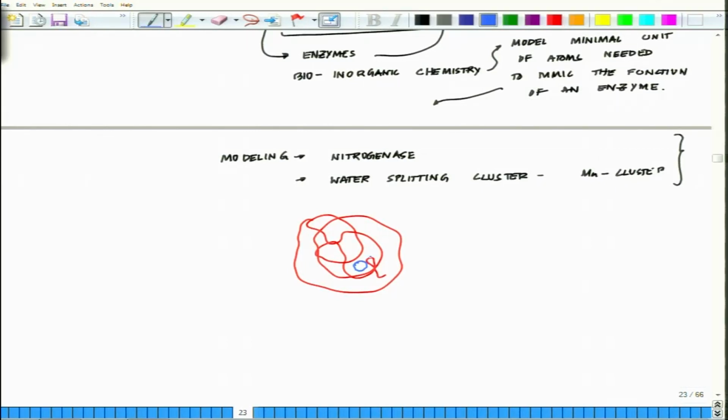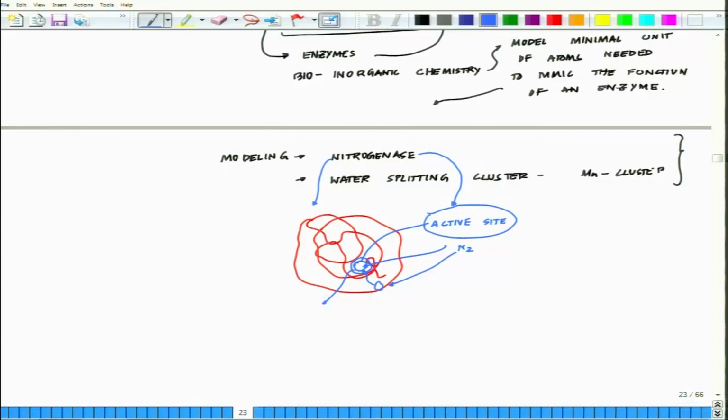Say this blue is showing the active site, and this is an example of nitrogenase we are talking about. So this is the active site of nitrogenase. Now what people have been trying is, this is the site where nitrogen gas is coming, or maybe it binds at some other site, and then there is a reaction happening and leading to transformation of the nitrogen, and of course the enzyme is not getting used up.